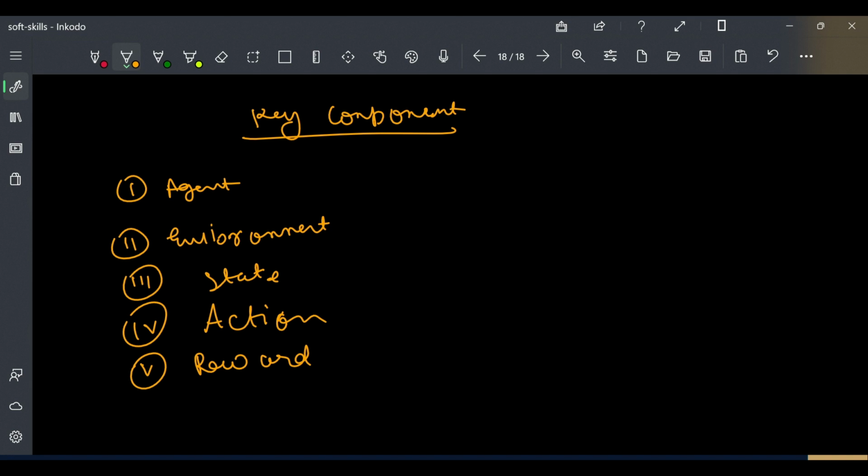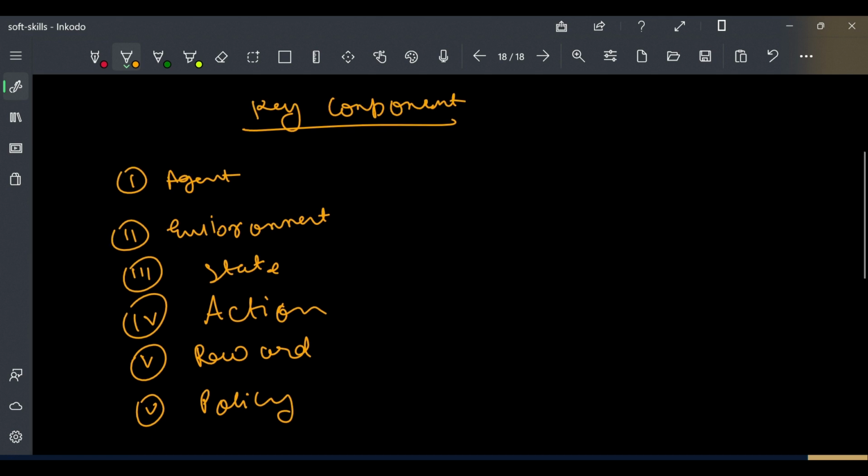It can be positive or negative based on the performance. And there is policy. Policy means the agent's strategy for choosing actions. And the next one is value function. The value function measures the long-term reward expected from a state.